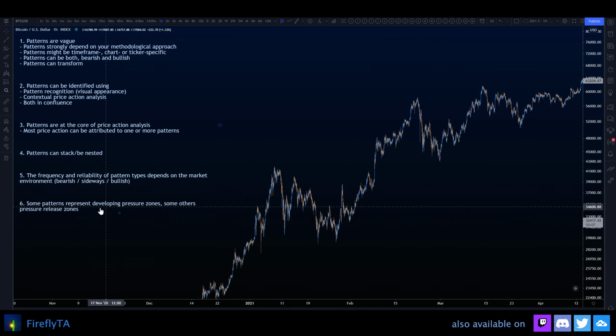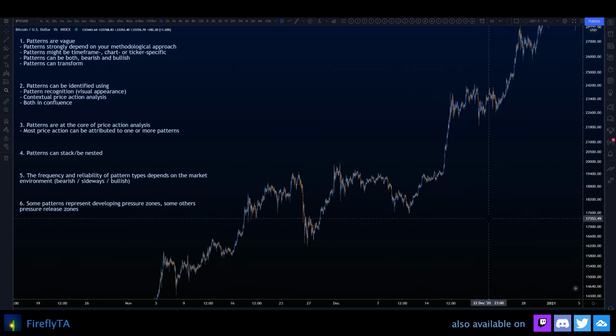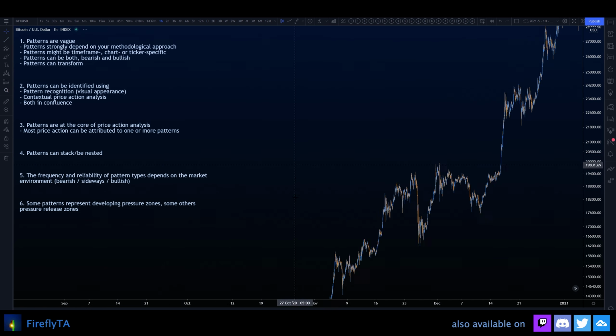Some patterns represent developing pressure zones, and some others represent pressure release zones. And this is very important. In my TA deep dive session on pressure zones, I'm talking about how you can find pressure zones by looking at patterns. Let's take something different in the past.